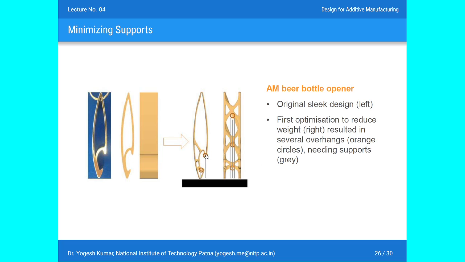The orange circles are showing the overhang portions, and these portions will require support. Similarly here, these are the portions which will require support, and if you print this component, these supports will be printed and are shown in gray color.